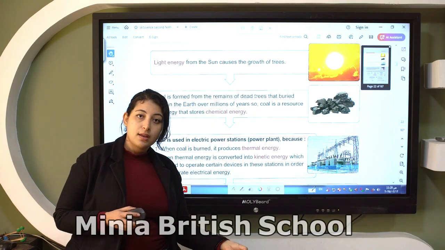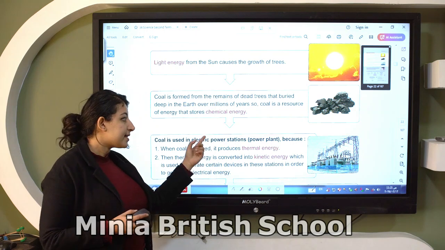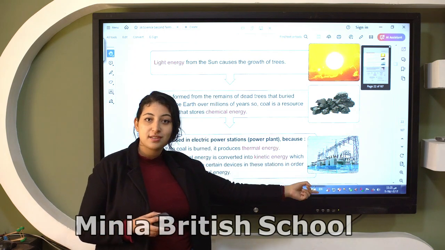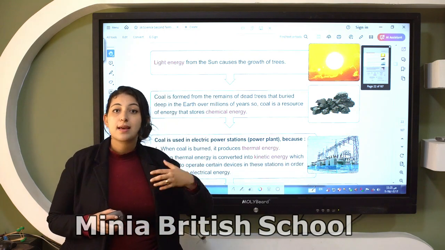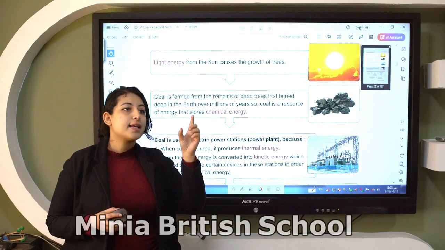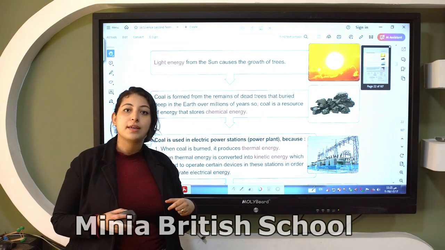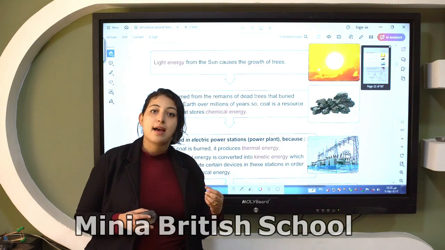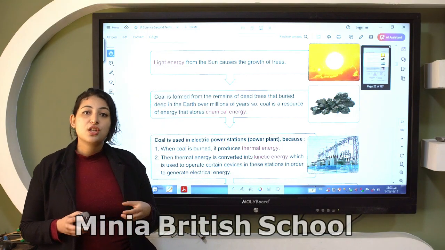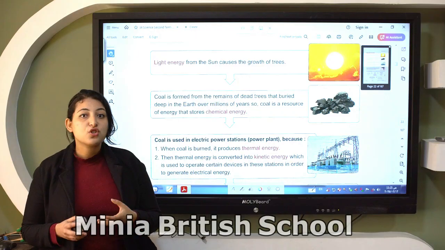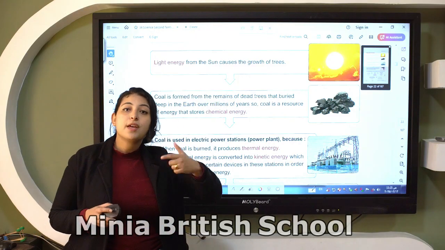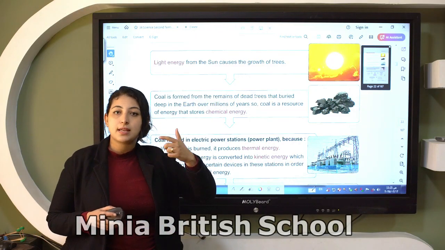We can take this coal and burn it in the electric power station. This burning produces thermal energy. There is a tube there full of water. When I heat up the water, liquid water changes into water vapor. Water vapor makes the turbine rotate.